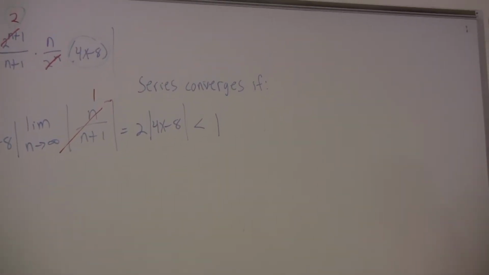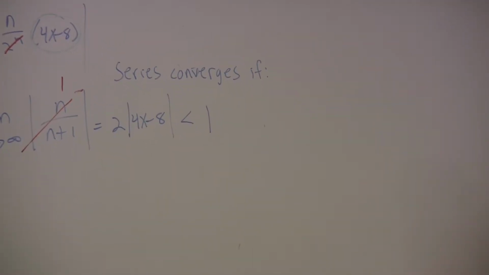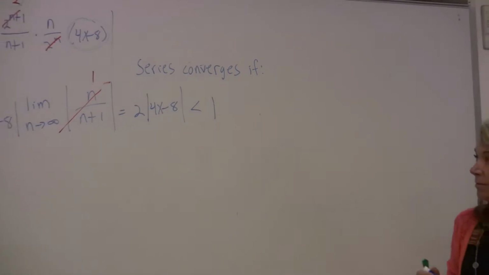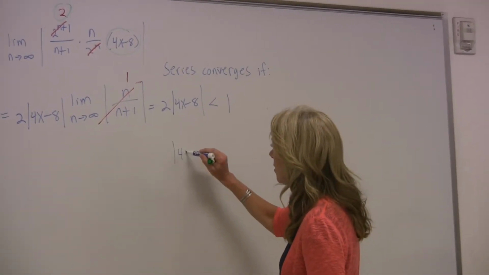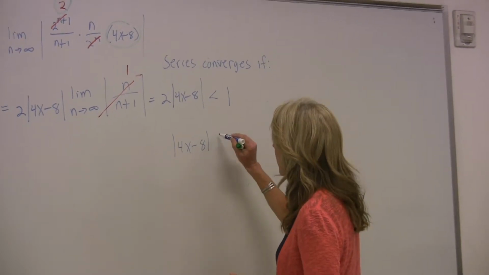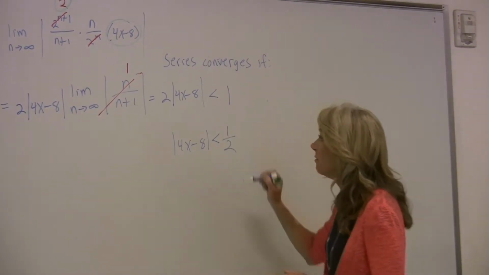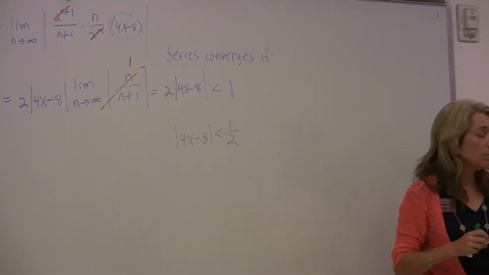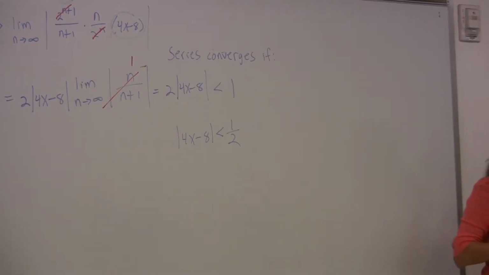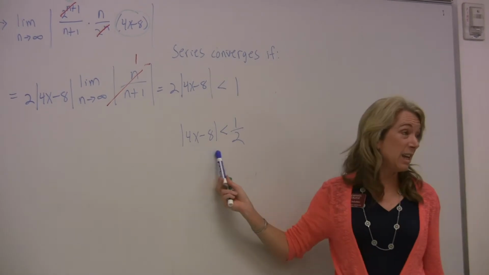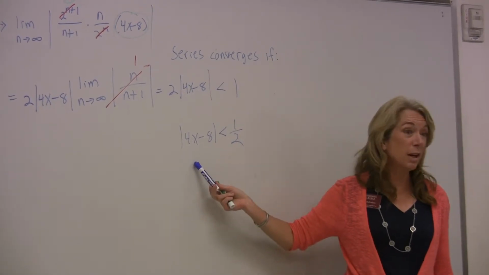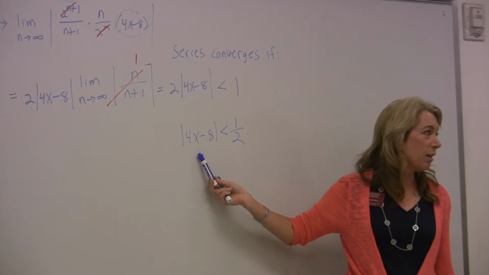From here, it's algebra to solve for our interval. I think I'll divide by that 2 since I pulled it out anyhow. So I have the absolute value of 4x minus 8 is less than 1/2. I recommend factoring out anything you can to have this just start with an x. So I'm going to factor out another 4 here.